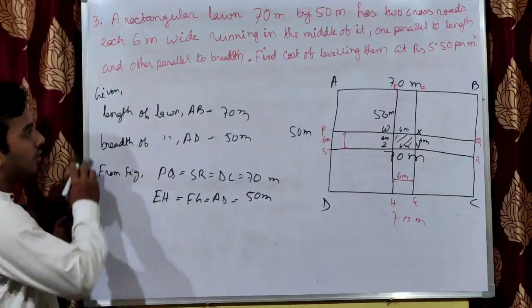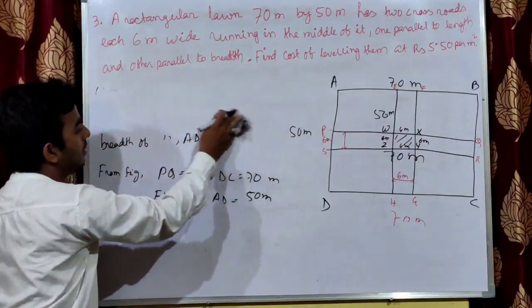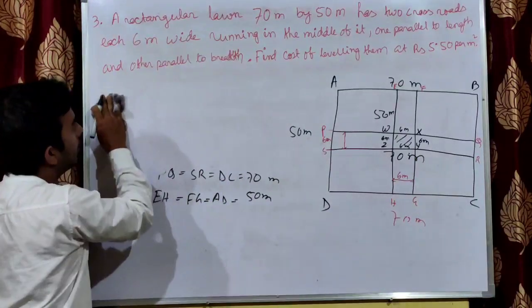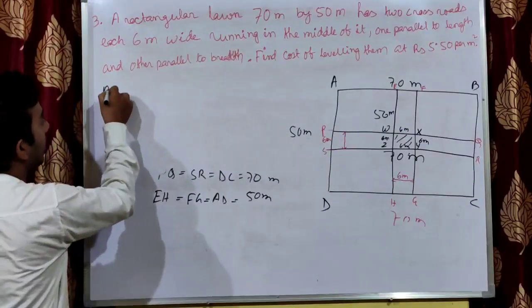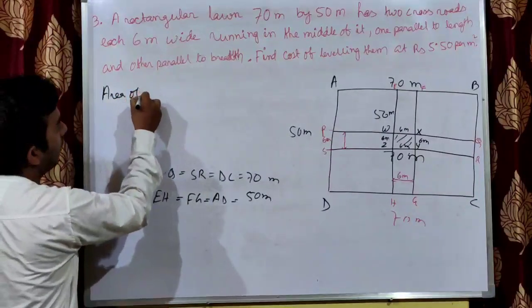Now we will find the area of both roads. So we will write area of leveling.